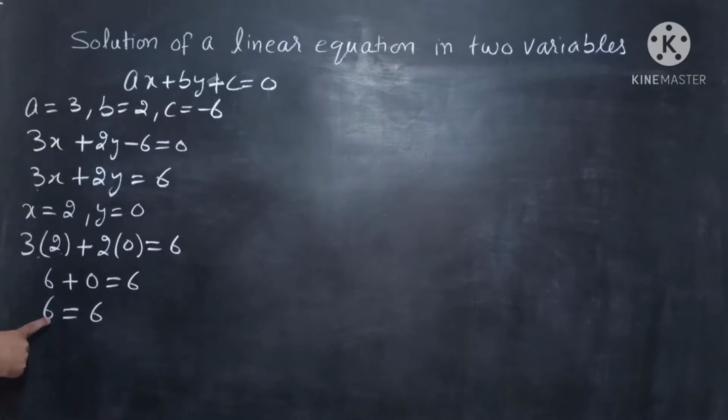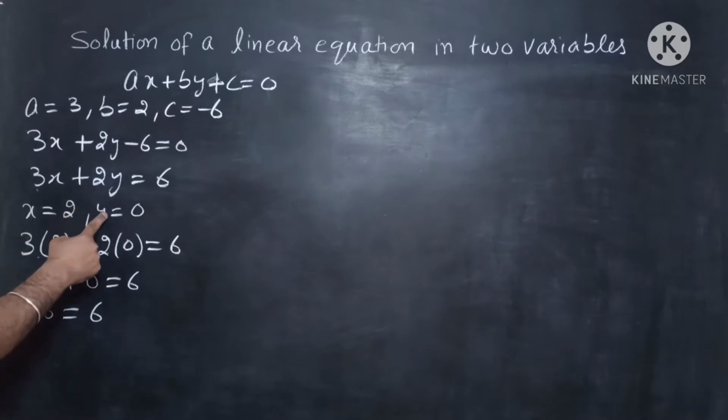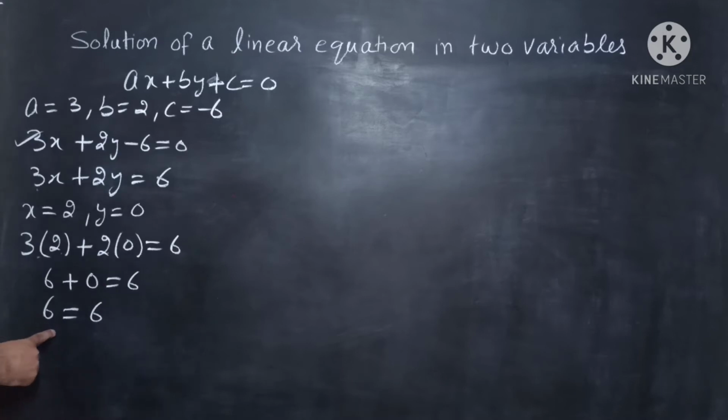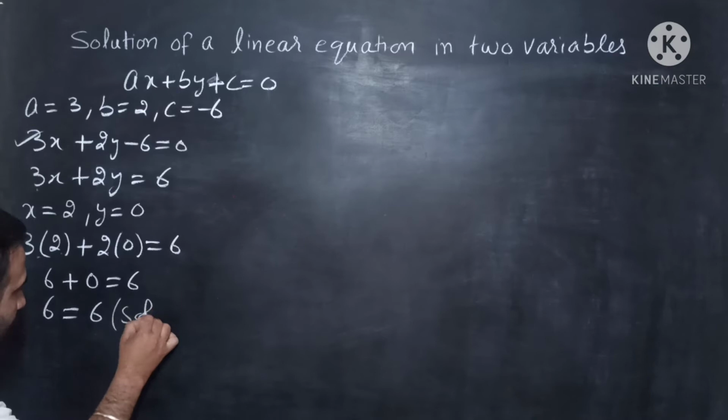The left hand side is equal to the right hand side. So we can say x equal to 2 and y equal to 0 is a solution of this equation, because x and y are satisfying the equation. So that is a solution.